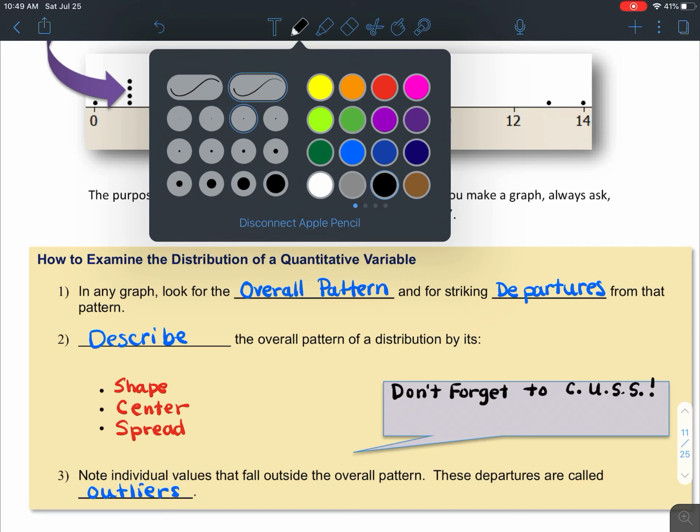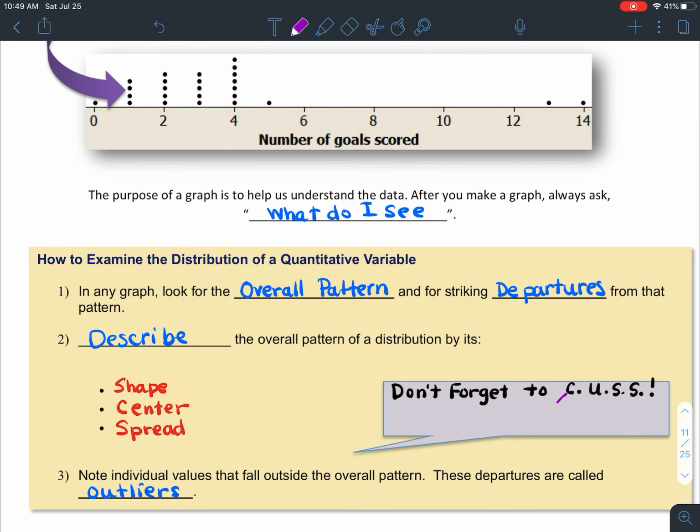Okay, and we're going to use CUS as our acronym. The C stands for center. So you want to describe here's the centermost value. This would be maybe, whatever that center dot is, we would call that the median. Okay, the U is for unusual values. We would call those outliers.